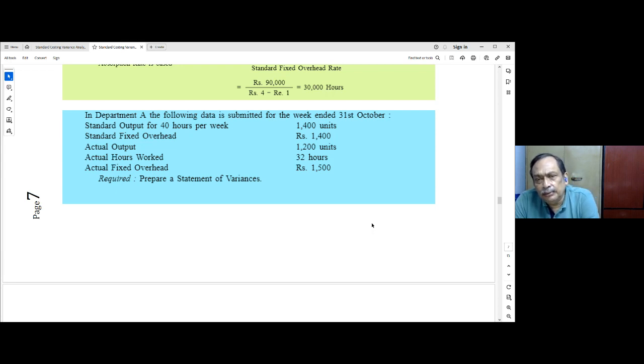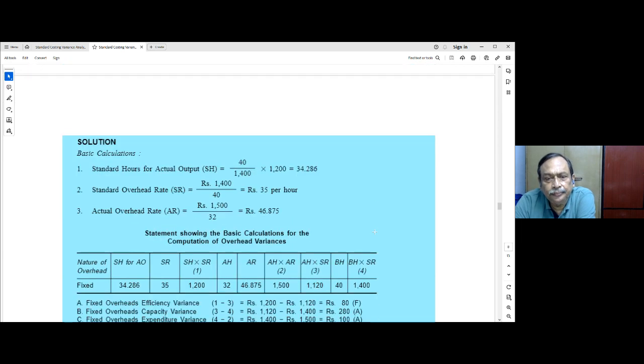Actual output 1,200 units. Actual hours worked 32 hours. Actual fixed overhead rupees 1,500. So what are we required to do? We are required to prepare a statement of variances.